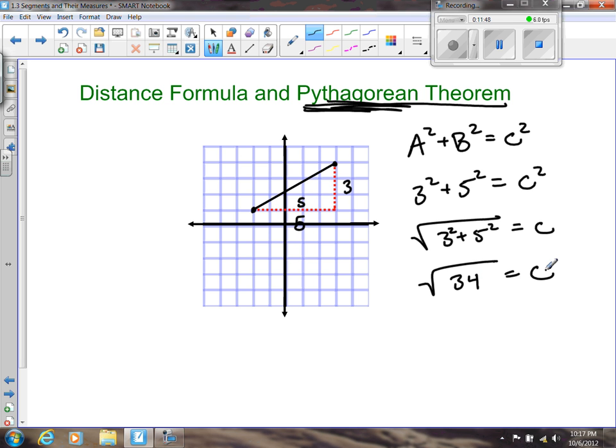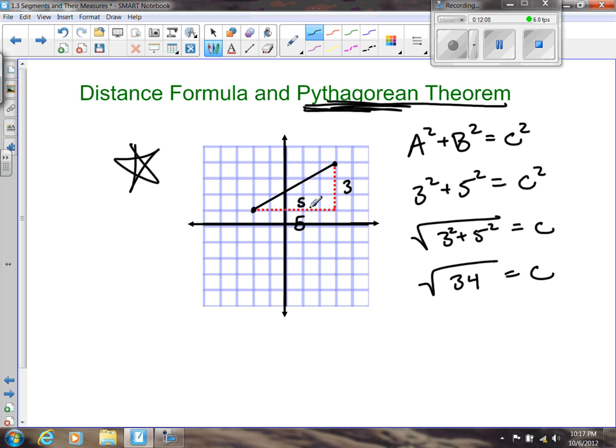That's the length of that segment. So I think I like this method. I think it's faster when you have a picture. Now, if you don't have a picture, you probably are going to need to use the distance formula. We'll have a picture quite often, so it's nice to know both of them. Make sure you can do the other one. But if you have a picture, it's easy to count that length.